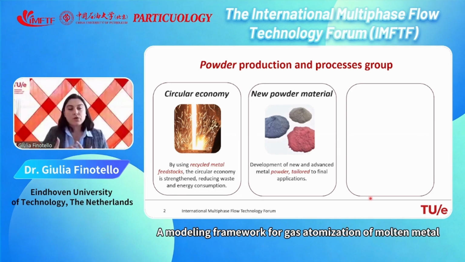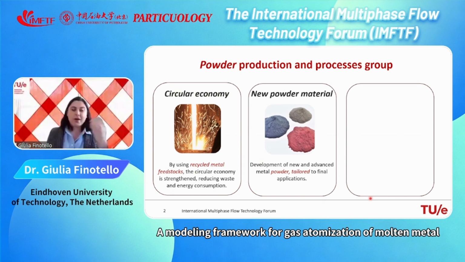Another part we are also looking at is, of course, tailoring the powder and the powder properties to the final application. So for additive manufacturing, you are required to produce powder in a certain way and with certain properties, while, for example, as an energy carrier, you want a material which is quite cheap and can circulate in a cyclic process.